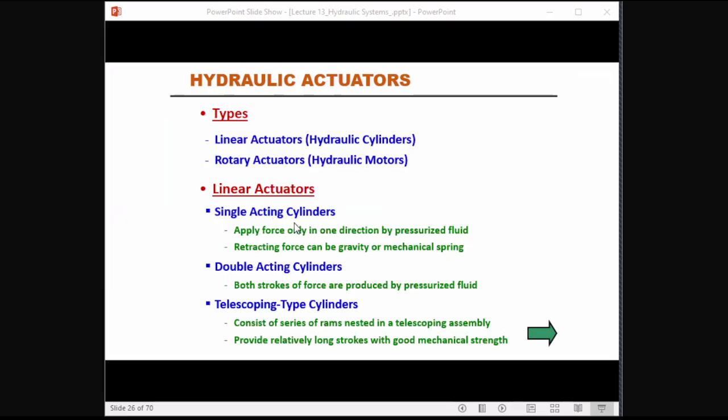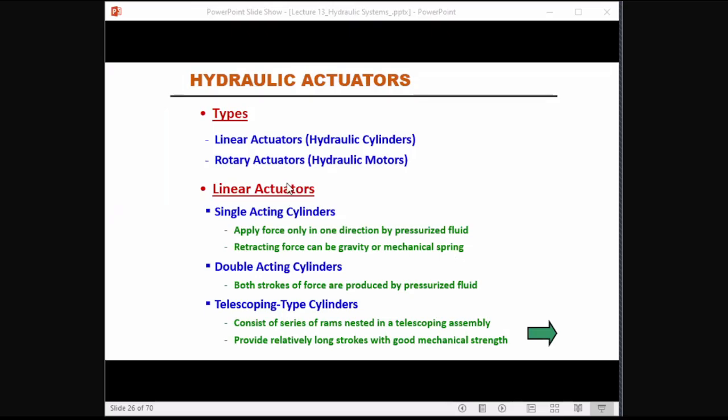Okay. Single acting cylinder means it applies force in only one direction by pressurized fluid. Okay, we can apply force only in one direction. Then the retracting force can be gravity or a mechanical spring.